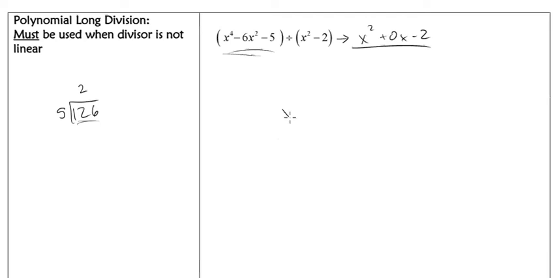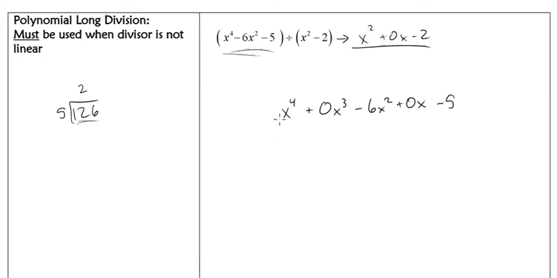And so it's going to be x to the fourth, now plus 0x cubed. So we had a zero coefficient, and that term was dropped off as it was simplified. We need to put it back in here. Plus 0x cubed minus 6x squared, and then plus 0x. Hopefully you saw that one on your own, and minus 5.